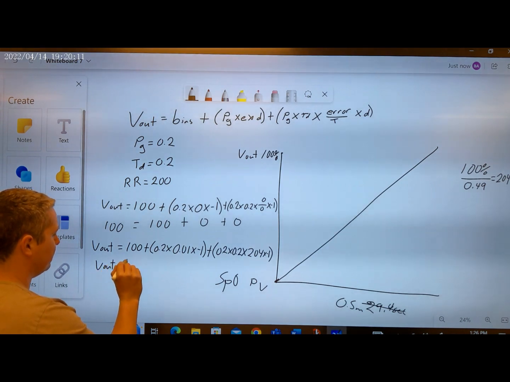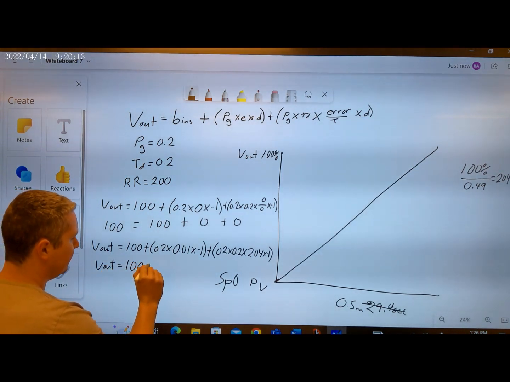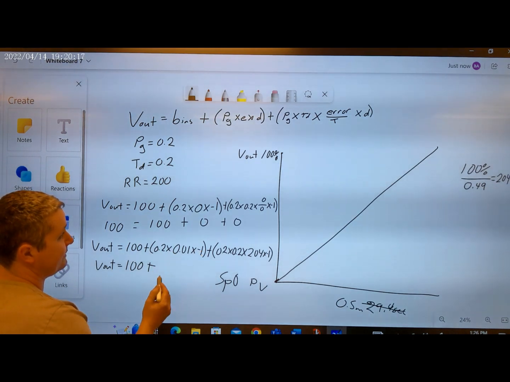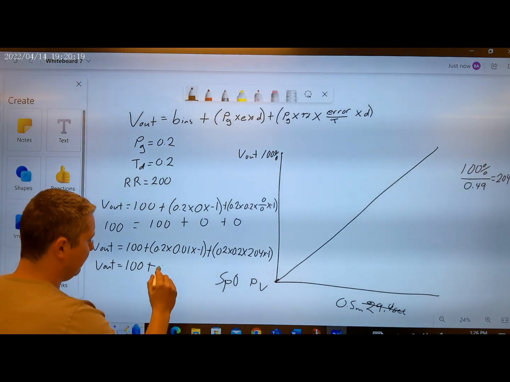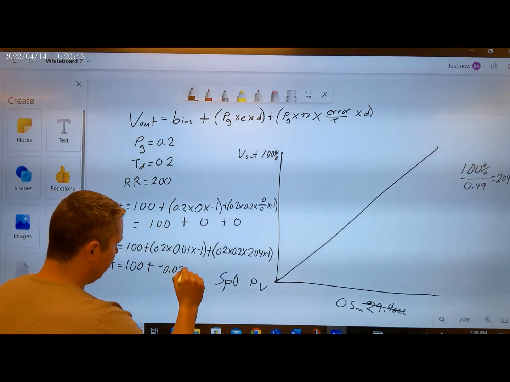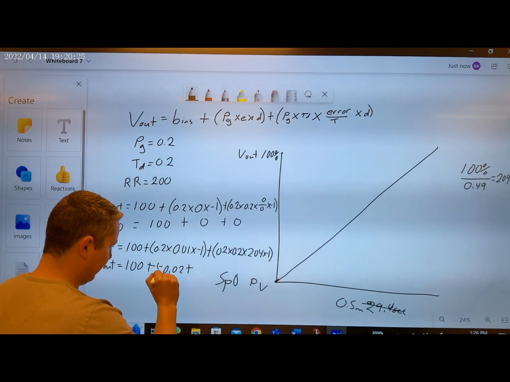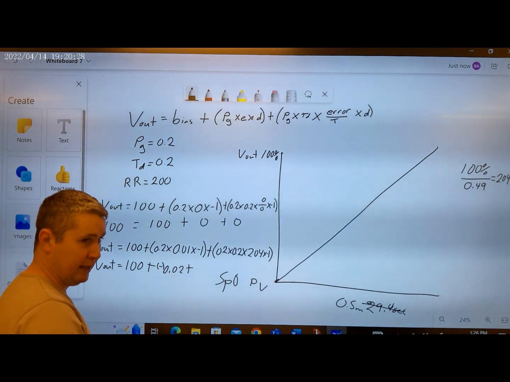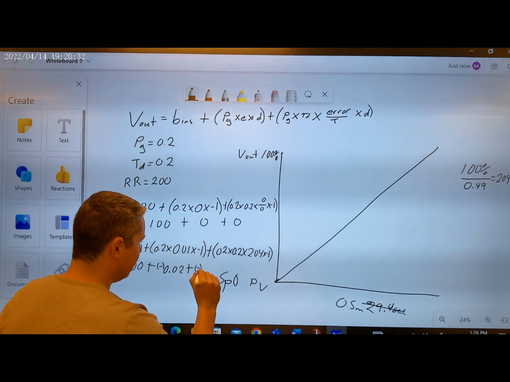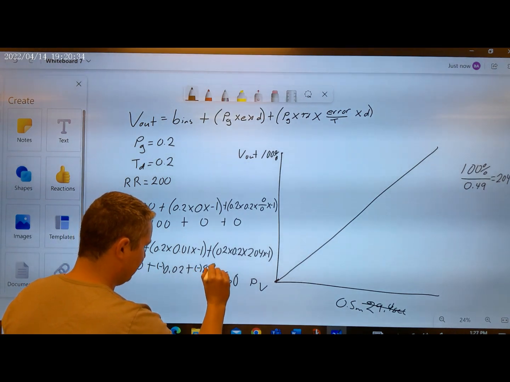V out equals 100 plus, this is essentially, well, 0.02, so it's going to be negative 0.02, which is essentially 0, plus, that was a negative, what do we have? Minus 8.16.